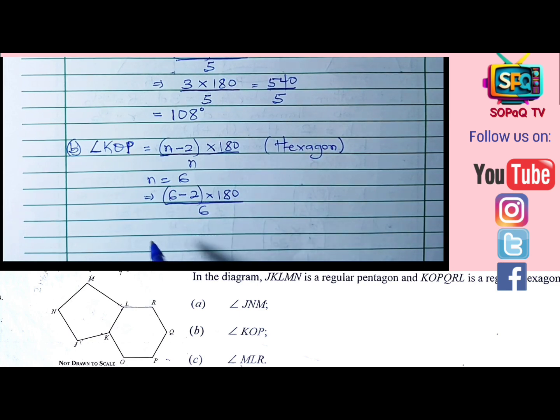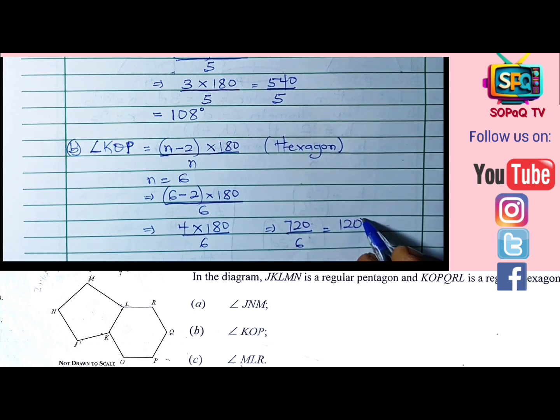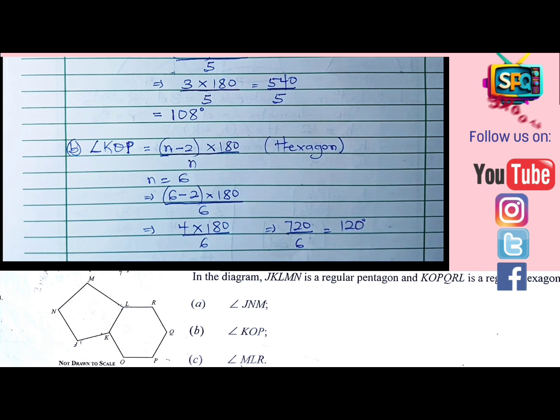And that will give us 4 times 180 all on 6. So finally, we are going to get 720 all on 6, which will give us 120 degrees.